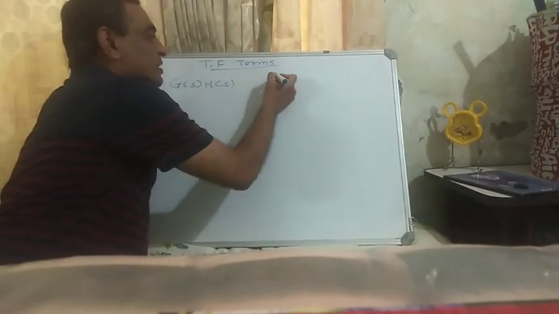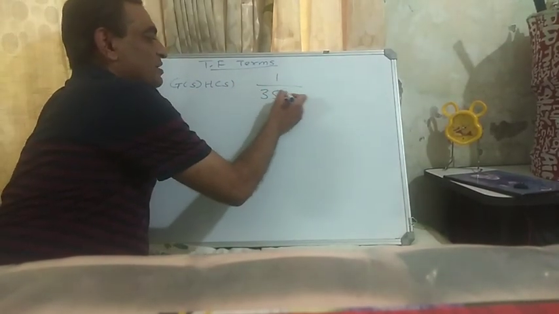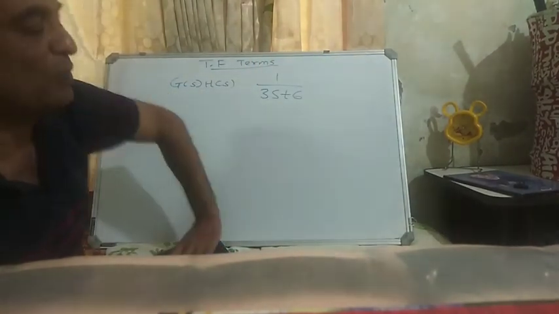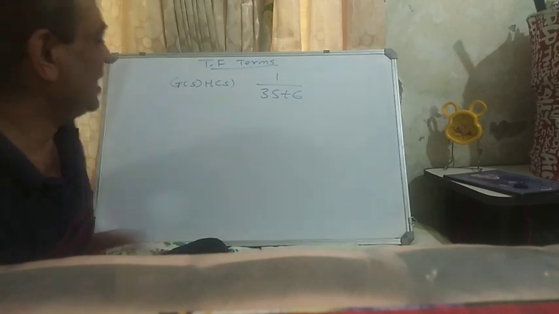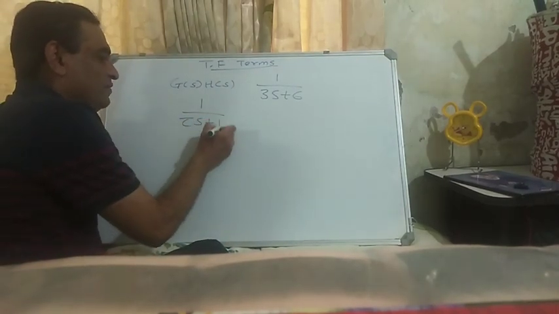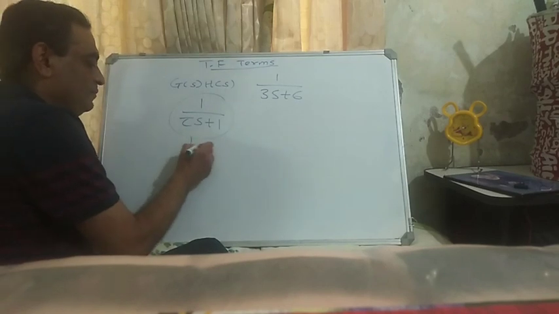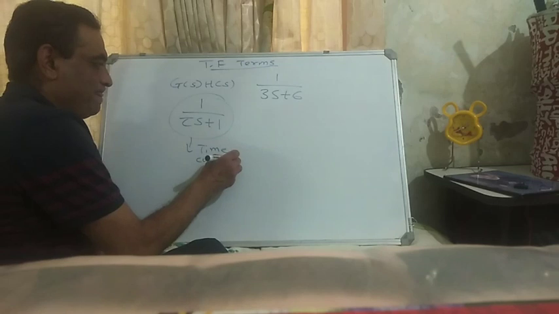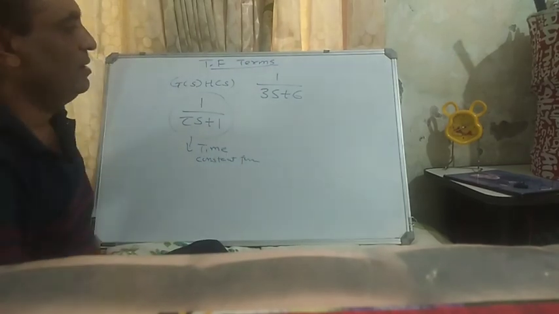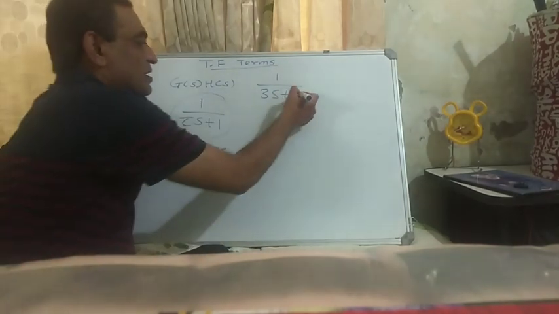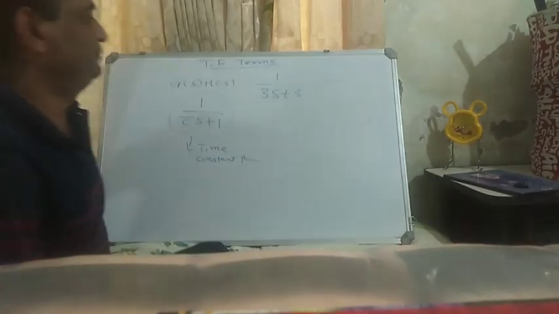Let's say you have been given 1 upon 3s plus 6. Now this is not a time constant form. The time constant form is 1 upon tau s plus 1. Let's say 3s plus, not 6, but 5.